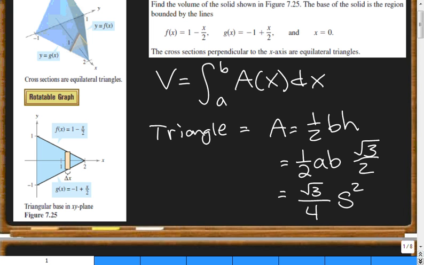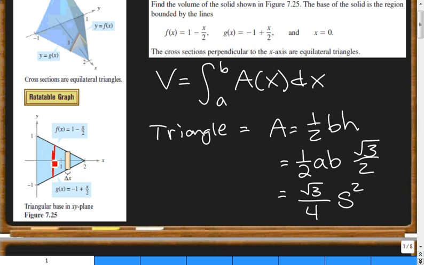But what we really need, and look over to this image over here, if we know this, which is going to be one of our sides, that is going to tell us this part here. The rest of it has already been determined. We know how to find the area of a triangle, and this is specific for an equilateral triangle. If we know one of the sides, we can find the rest.